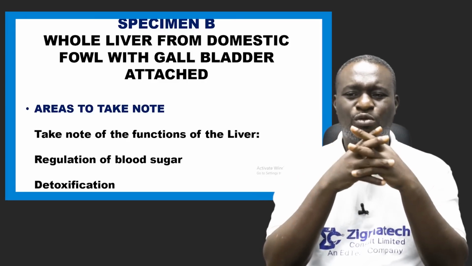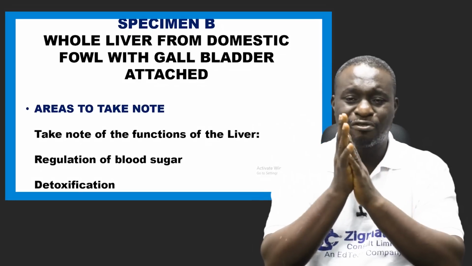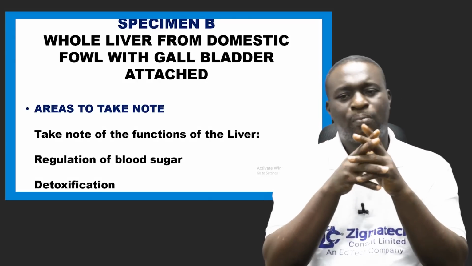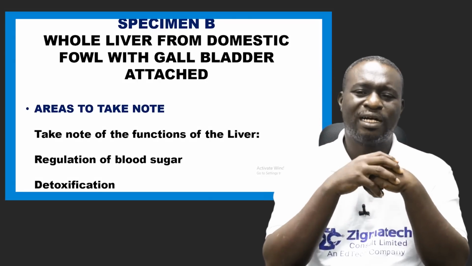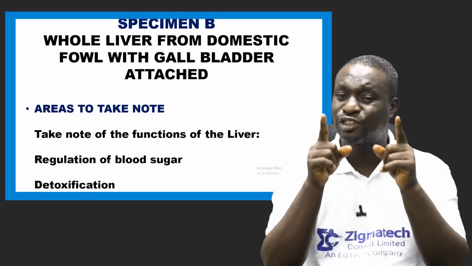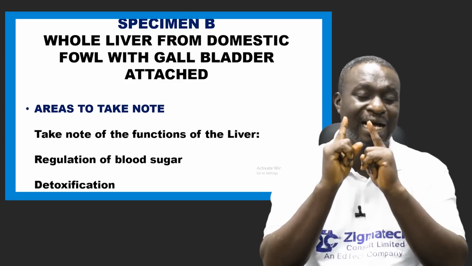One of the things I want you to take note of, based on my own exposure, is that I feel questions will come on functions of the liver. So please take note of the functions of the liver. The liver carries out several functions, because what we're looking at here is not just the liver, we're looking at the liver and the gallbladder.